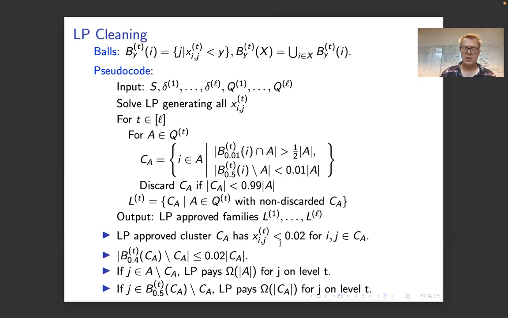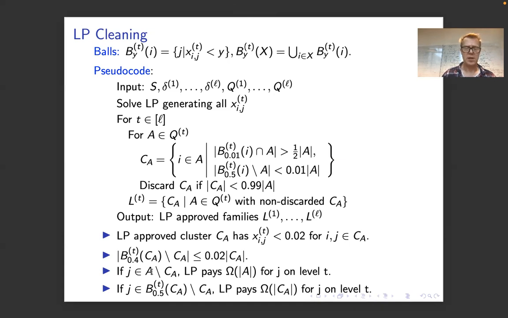So within these clusters, the distance will be at most 0.02. I talked about that before. When we look at it, calculating a little bit back and forth, we'll see that there are not too many species outside a level LP approved cluster that are too close.